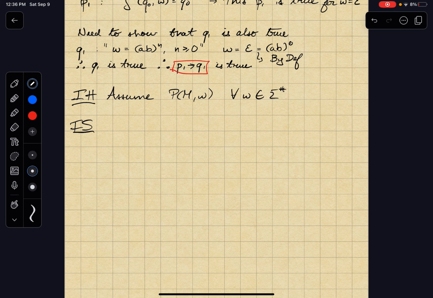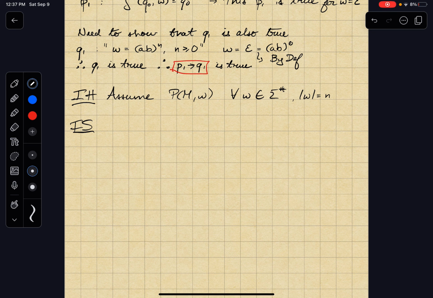And of course here this sigma is the same input alphabet as the machine M, because we're trying to prove the correctness of this machine M. And so we're assuming P_M of W is true for every string W in sigma star, where the length of W is equal to n.